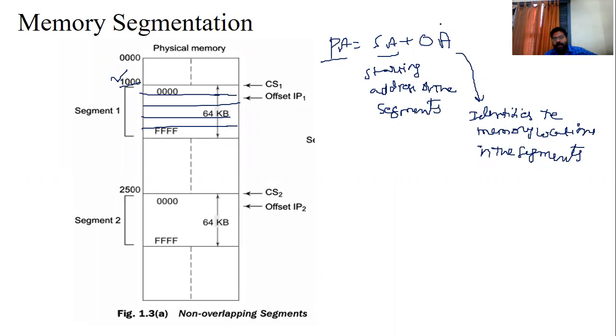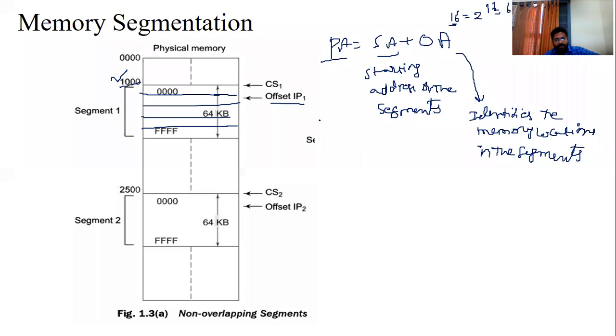Because the offset address is 16 bits, nothing but 2 power 16, which is equal to 64 KB only. The address locations in these segments are identified by the offset address. What is the bit size of the offset address? It is only 16 bits, so 2 power 16 is equal to 64K.